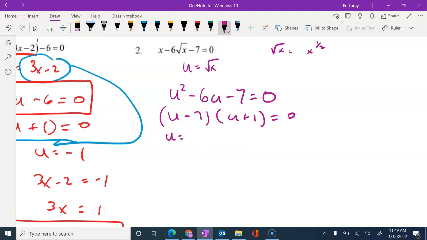Solving for u, positive 7 and negative 1. Don't forget, we have to resubstitute now. We're not interested in u, we really want x. So u is just a step along the way. If I plug that back in, I get the square root of x equals 7, and the square root of x equals negative 1.